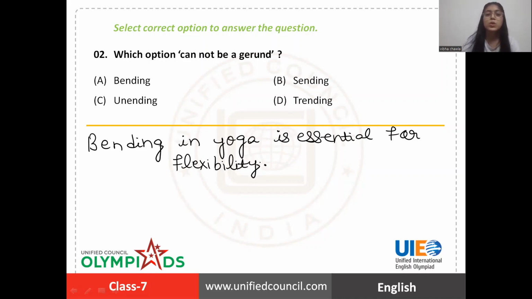Okay. So here it is not used as a verb. Here this V1 plus ing is used as a noun. It is a subject here. So it can be a gerund. Okay. So we can rule out this option.